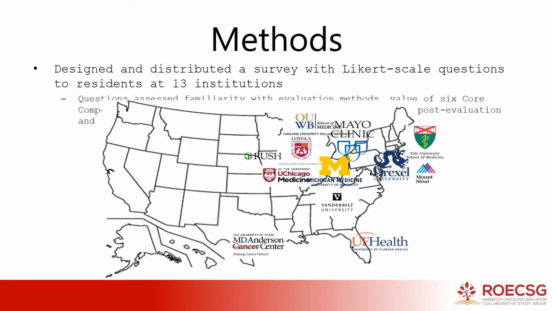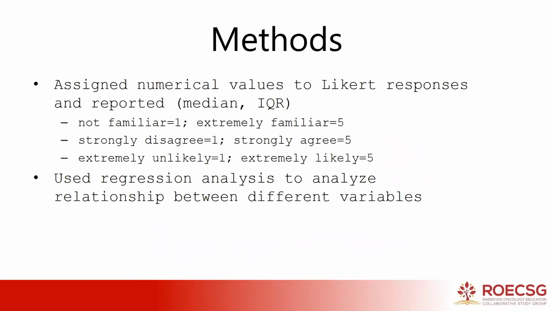Among other factors, survey questions were designed to gauge resident familiarity with evaluation methods, value of the 6 core competencies, the utility of evaluations, the likelihood of changing post-evaluation, and the stress or intimidation of receiving evaluations. Responses were reported on a Likert scale ranging from 1 to 5. Additionally, we were curious about the role of familiarity with evaluation methods and the perception of evaluations. So we used regression analysis to further explore this possibility.